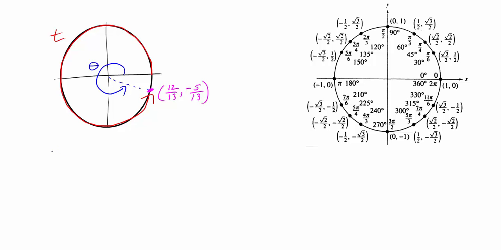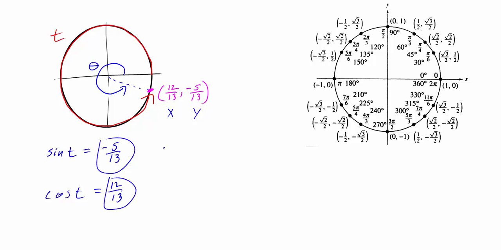All right, so if we look at this together, if we take the sine of t, again, sine is going to be our y value, so that means we're looking here at the negative 5/13. And then if we want to find the cosine of t, that's our x value, so that would be 12/13.